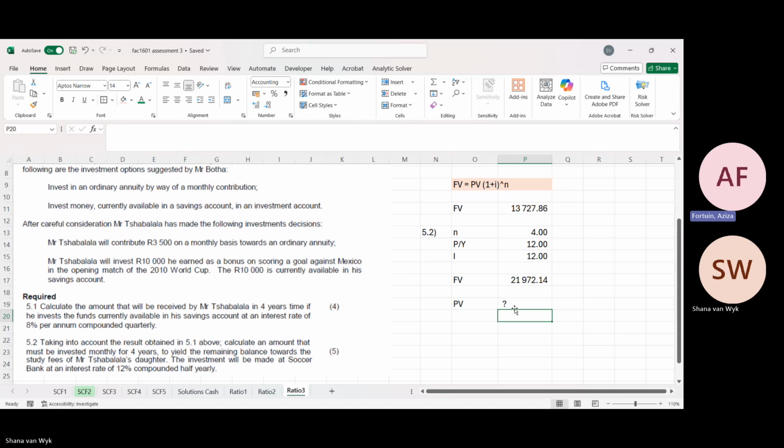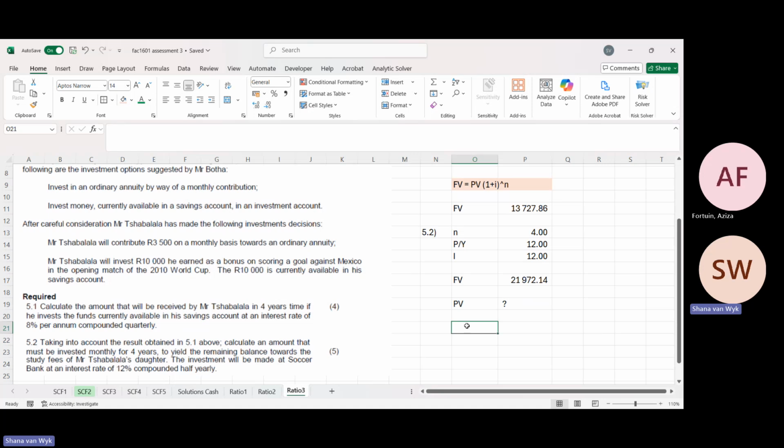Okay, no, you're right. You must still do the present value. Let me try again with this calculator. This calculator makes me nervous. 12, enter, 12%. 21,972.14 is either the PV or the FV.